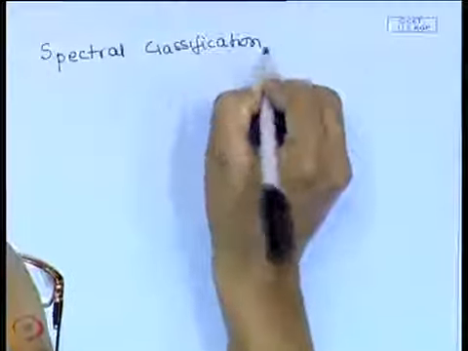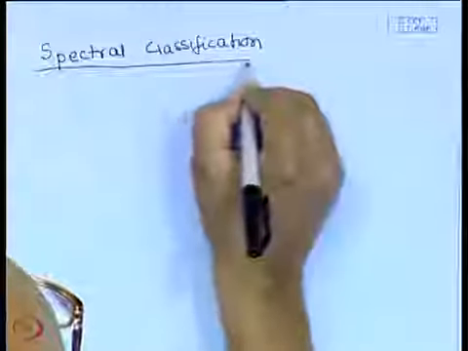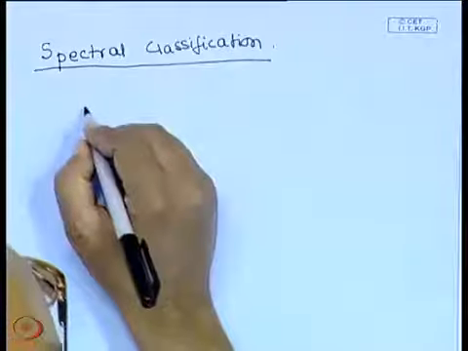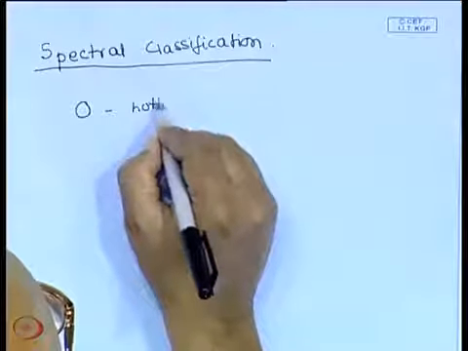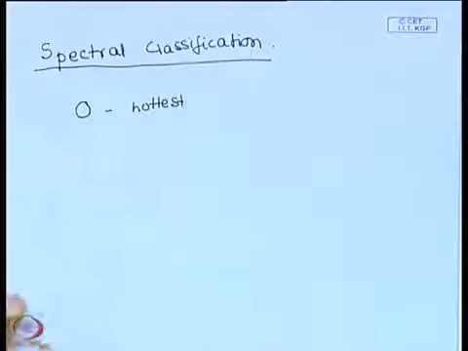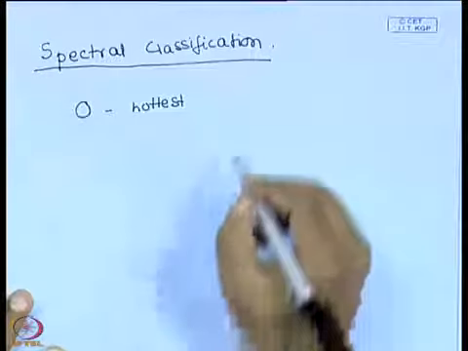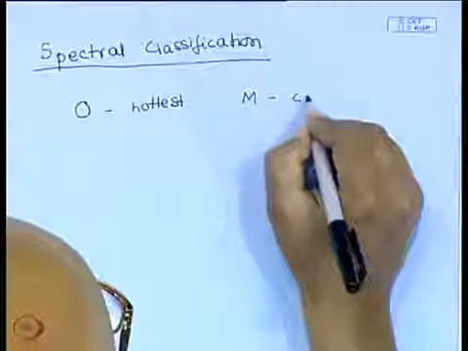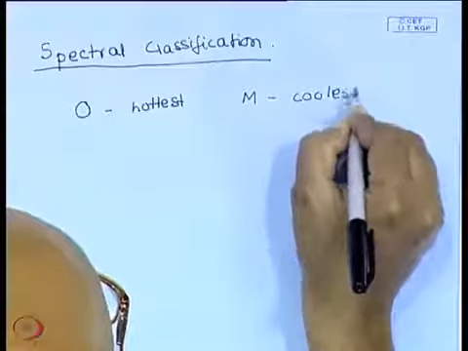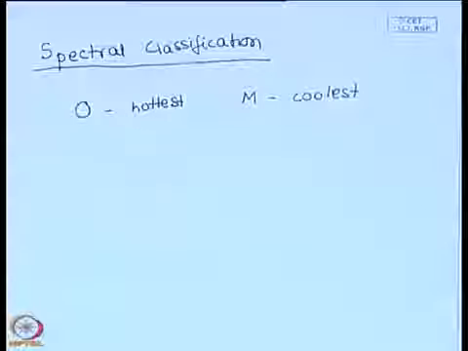The spectrum is a direct indication of the temperature, and the hottest star is classified as O. The O stars are the hottest, and the M stars are the coolest. And observationally, this manifests itself in the spectrum of the stars.